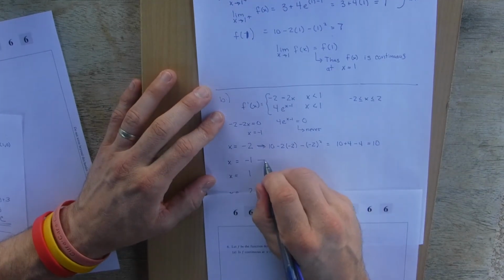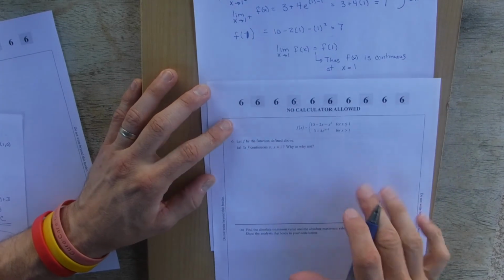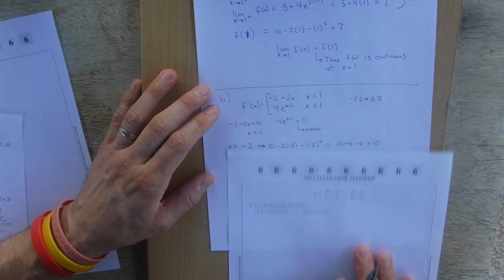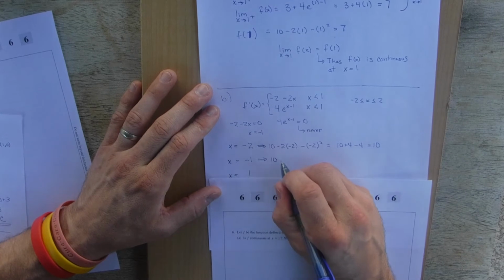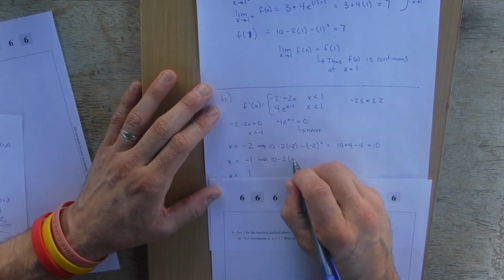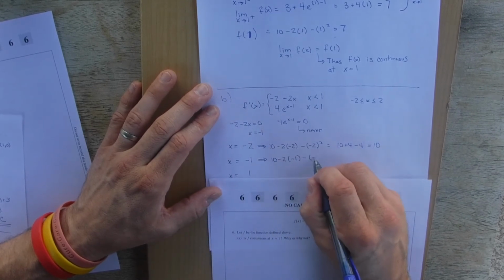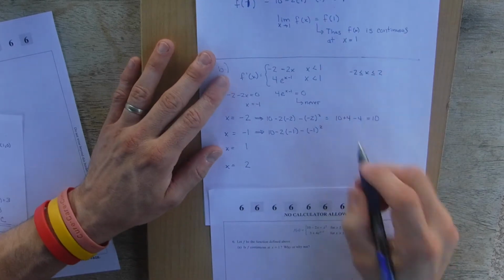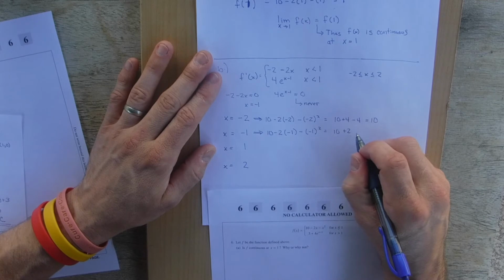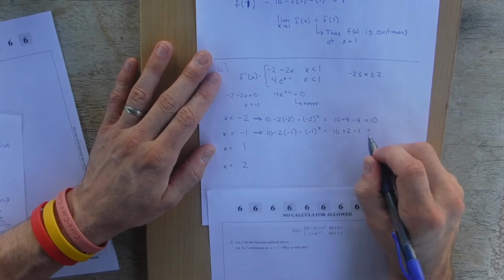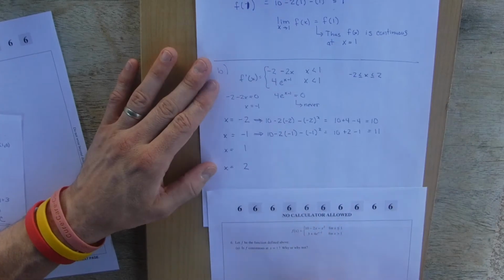Negative 1, again that's still less than 1, so that would be 10 minus 2x minus x squared, so that'd be 10 plus 2 minus 1. So that would be 11.